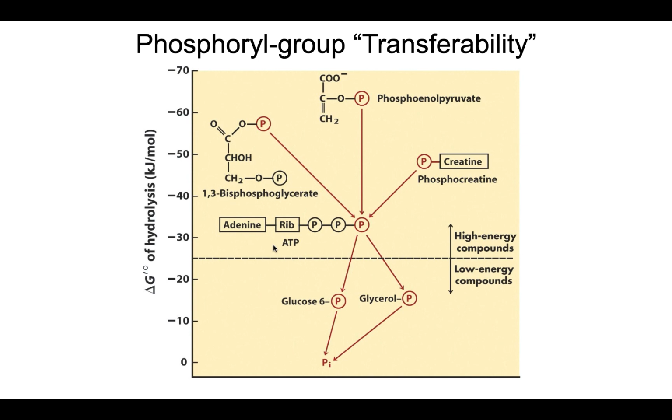which means you can couple a transfer of a phosphate group from, let's say, phosphoenolpyruvate to ADP to create new ATP. That is a very important source of ATP in the cell, by using these high energy phosphorylated molecules to themselves phosphorylate ADP, creating ATP.